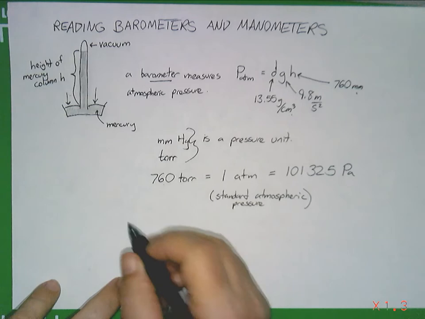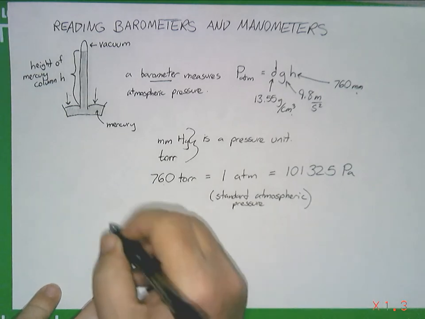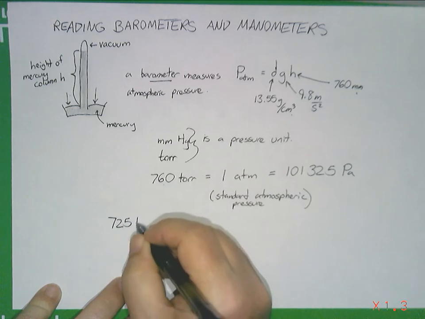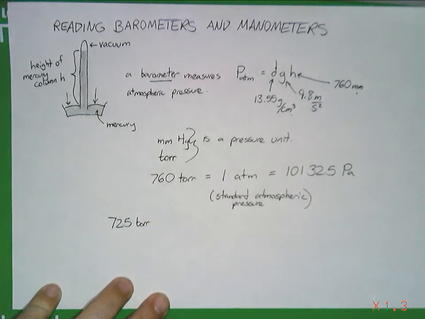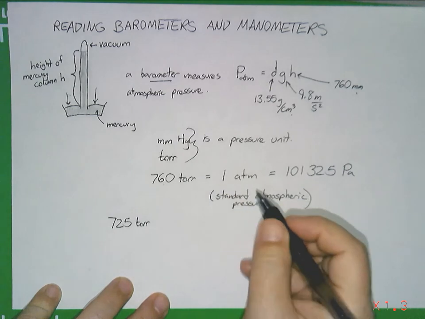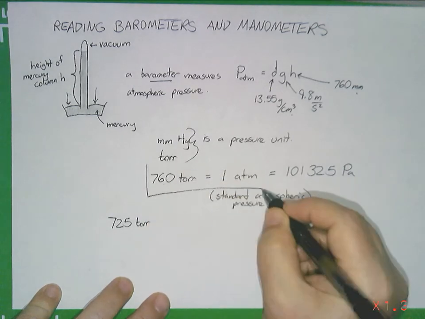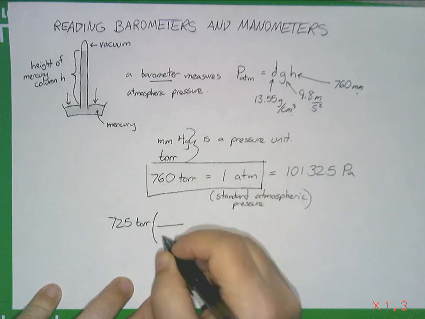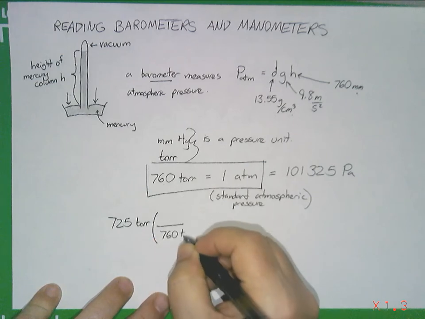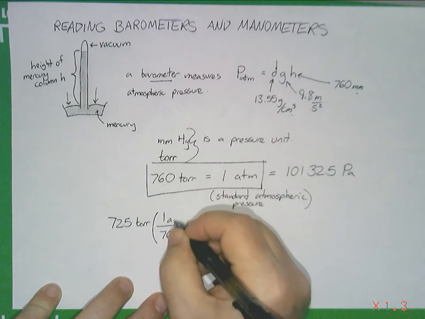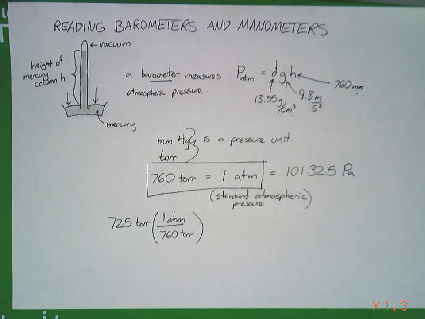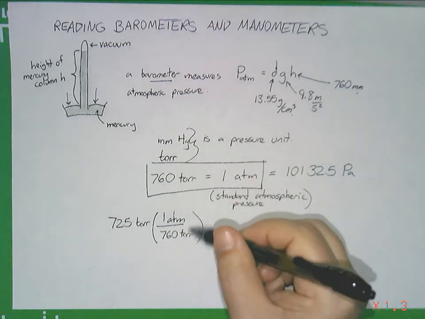For example, if I have, I don't know, 725 torr, and I want to write that in atmospheres, I will have to know that 760 torr is 1 atmosphere. That would give me the pressure not in torr, not in millimeters of mercury, but in atmospheres.